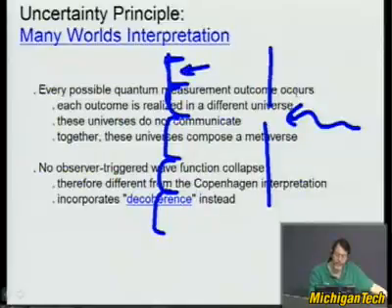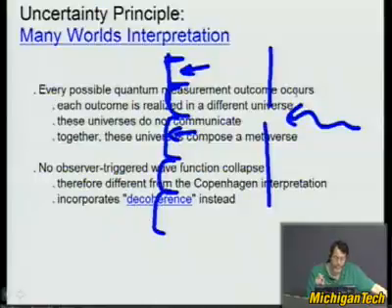When the photon measures here, that's great. A universe then goes off and is created, and there's a universe where the particle hit here. And when the particle hits here, that's a completely separate universe. Each one is a different world line, sort of. That's probably a bad way of saying it.